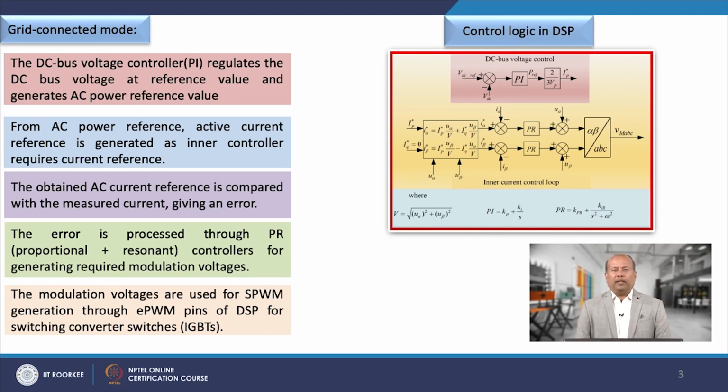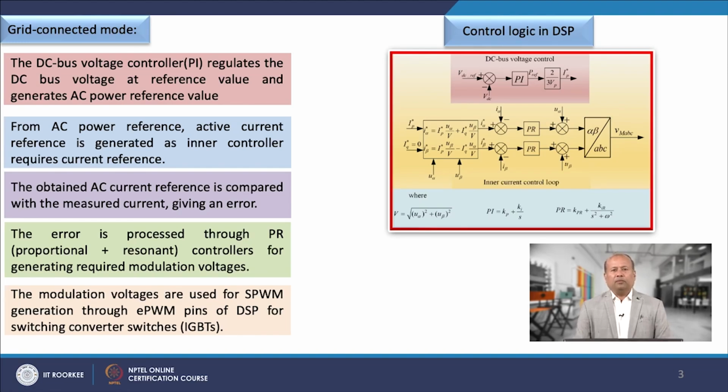The obtained AC current reference is converted to the stationary reference frame. This current reference is compared with the measured current, which normally gives an error. The error is processed through proportional plus resonant controllers for generating required modulation voltages.